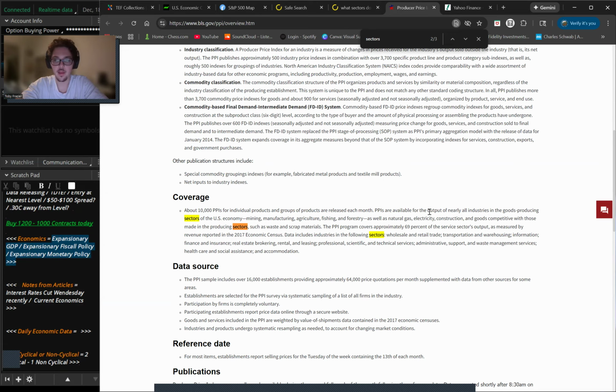PPIs are available for the output of nearly all industries, not all industries, nearly all, including service based. It shows right here: mining, manufacturing, agriculture, natural gas, electricity, construction. So that's cool.